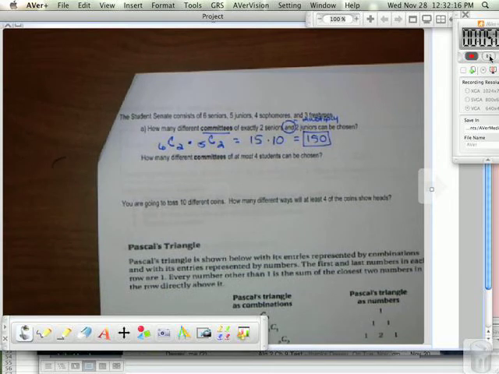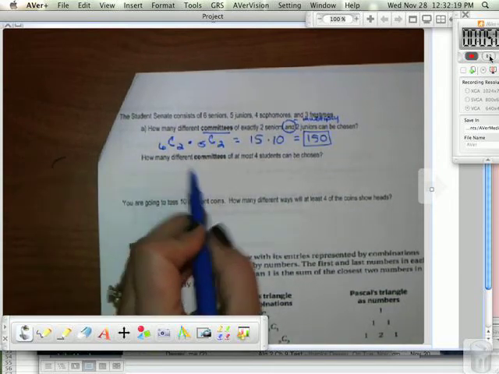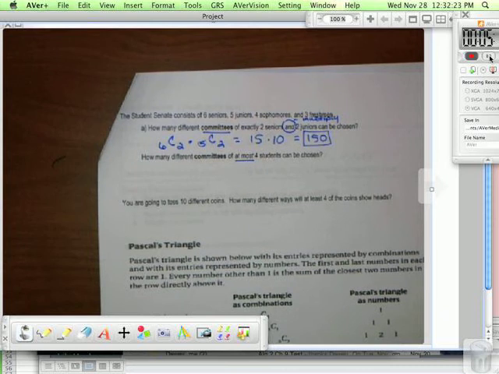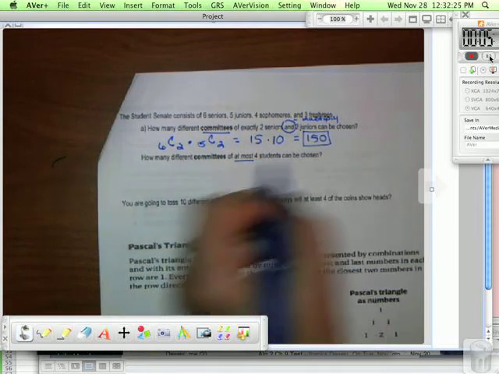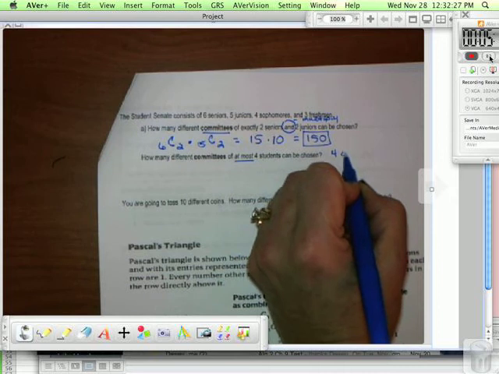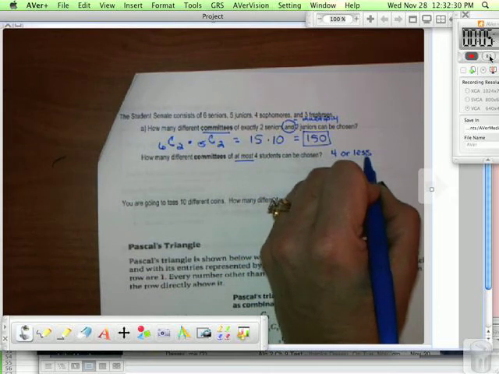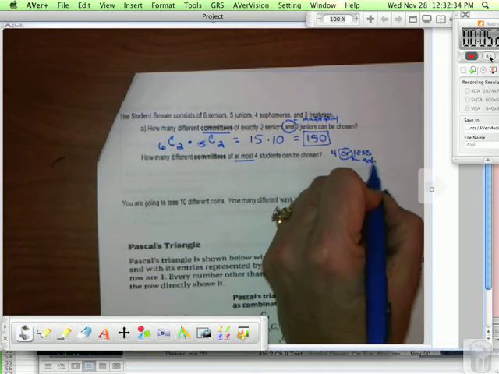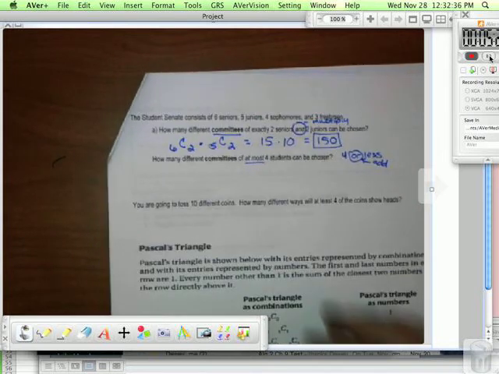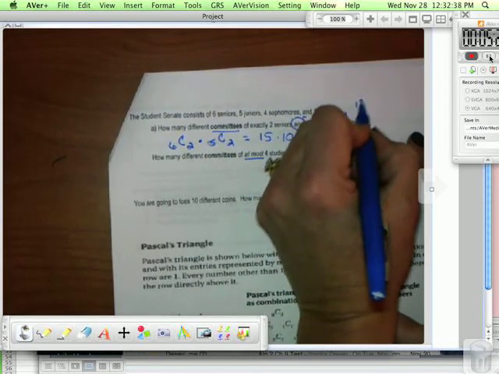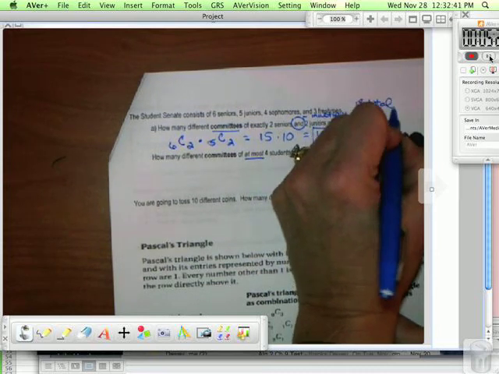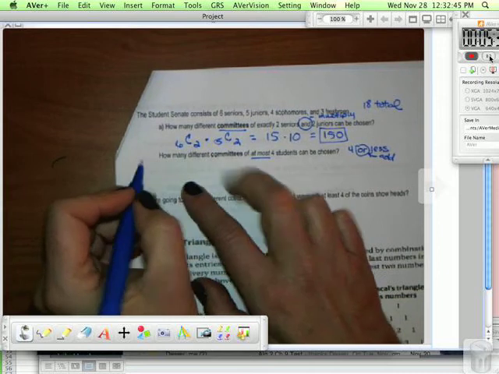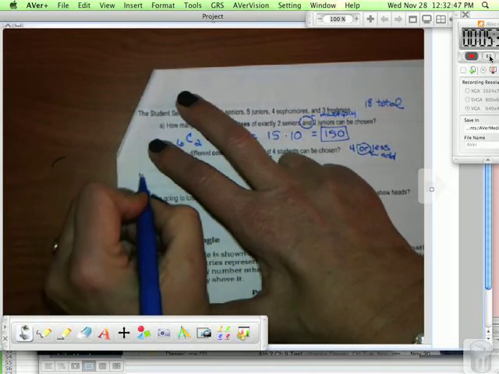Some other wording you might see is how many different committees of at most 4 students can be chosen. Okay, well, at most means 4 or less in each committee. So this or tells me I've got to go through and add all the different possible combinations. So this is where we're going to use the 18 total. If I figure out the committee where you can choose 4 students for the committee, the first one would be 18 choose 4.